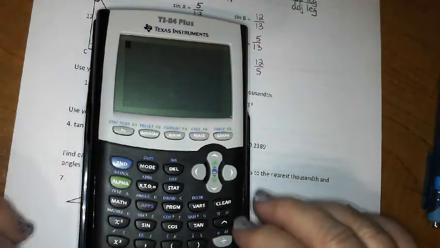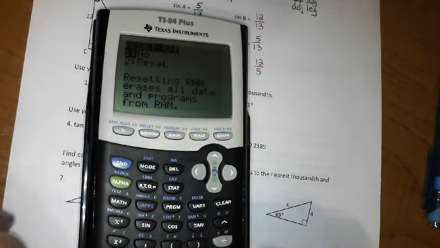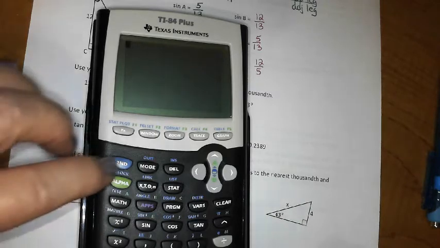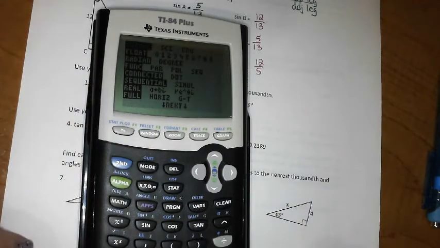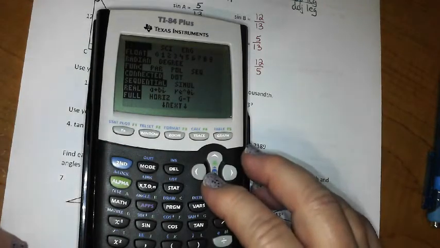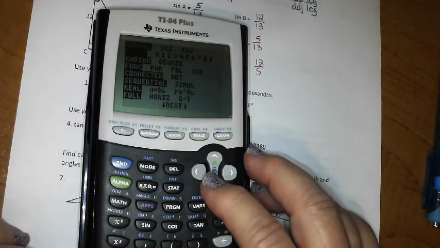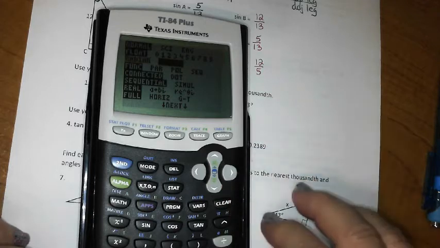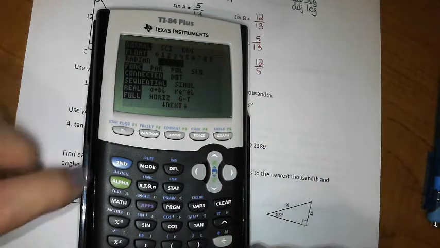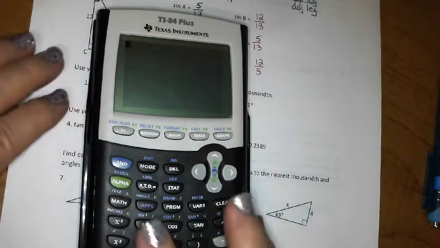If at any time you do the old 2nd plus 7 1 2 to reset your calculator, you have just reset your mode to radians. We're going to learn about radians later. We use radians a lot in pre-calculus, but for this we want to be in degrees. So check your mode and make sure you're in degrees, and then we can work.